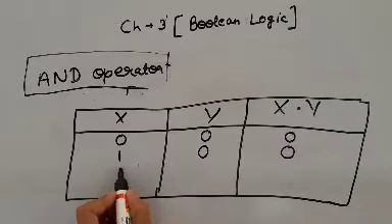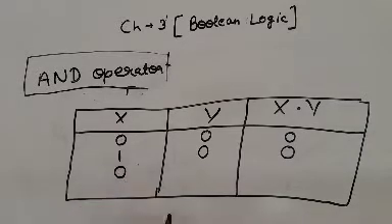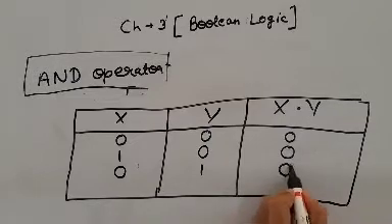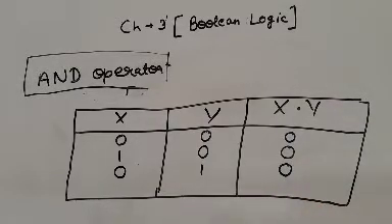Now if I give input 0 to X but 1 to Y, then what will be the output? It will again be 0. Is that clear, students? Now if I give input 1 and 1 to both, then my answer will be 1. So from the truth table we can conclude some points.